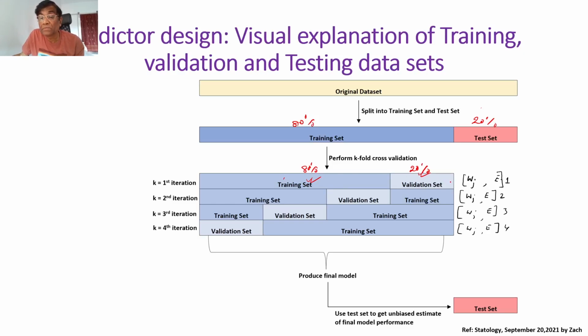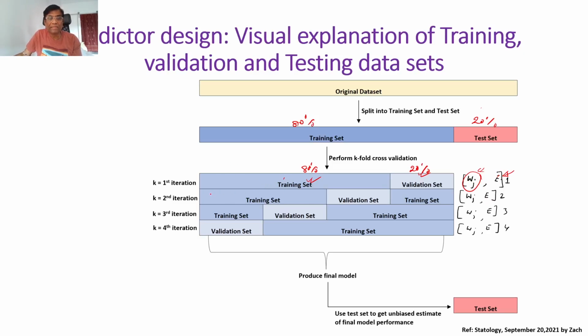And then whatever running this regularizer algorithm, you optimize the parameter and keep them. And they will give some error. Also calculate the square error, which is actually a metric of how beautifully you have designed your predictor. So put it there, and in first iteration you keep a set of wj and e.